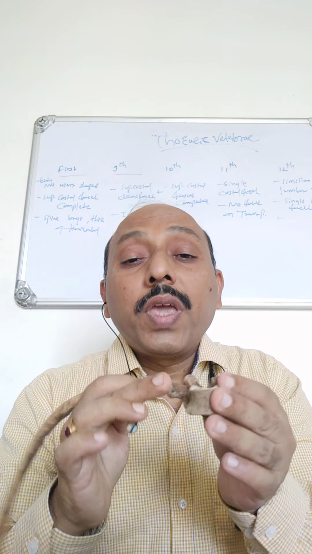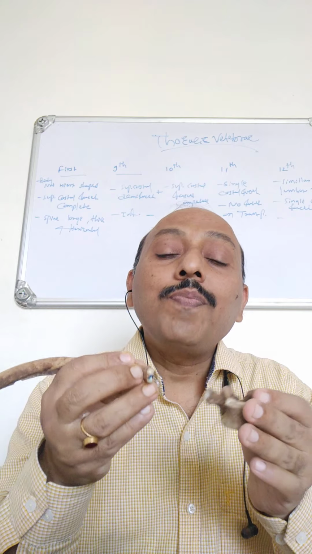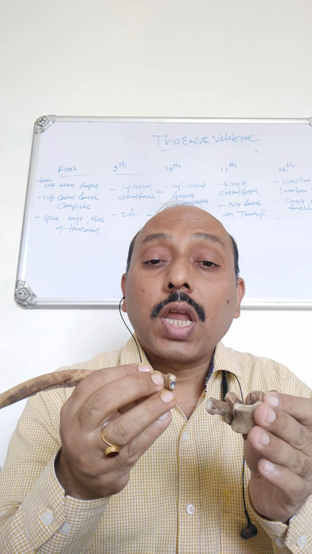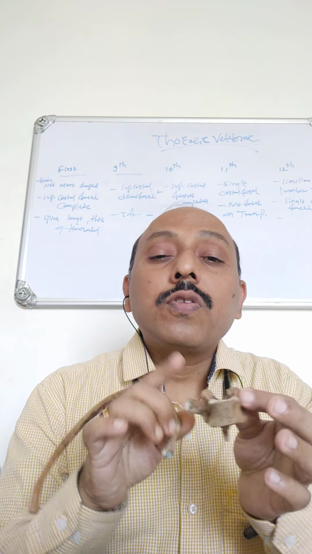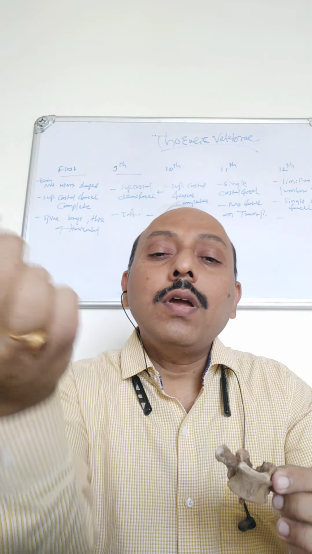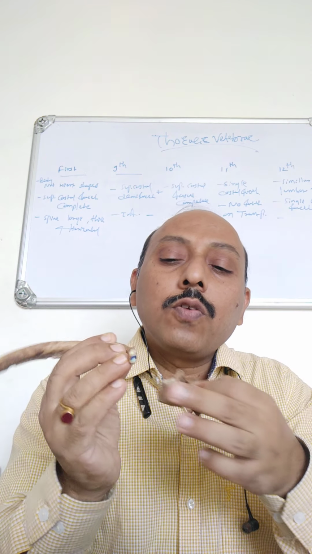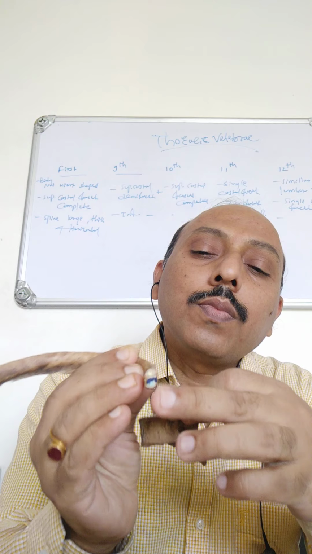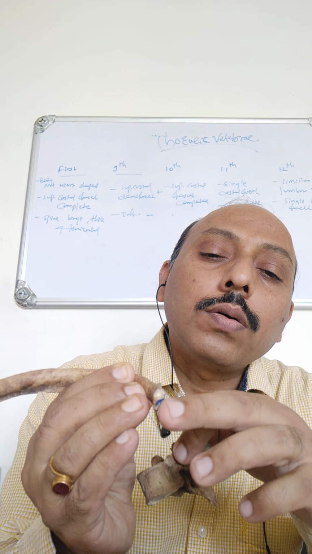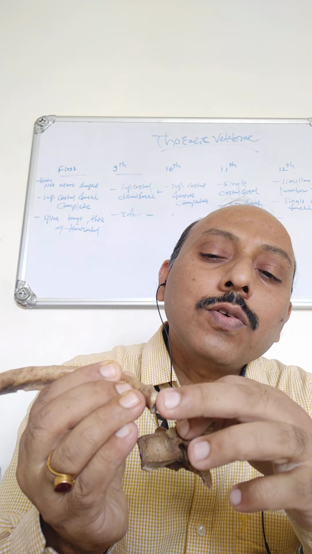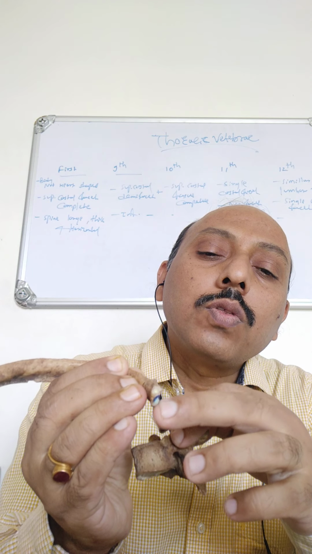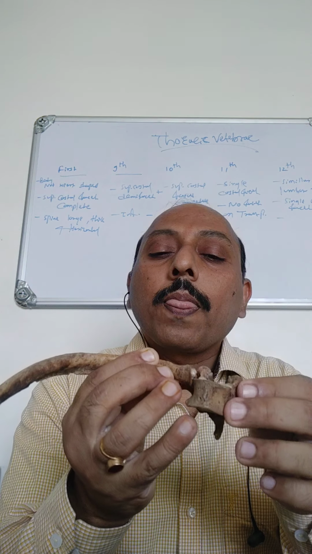Suppose this is T3, then this will be the third rib. The head has two articular facets, so this one will articulate with this superior one.